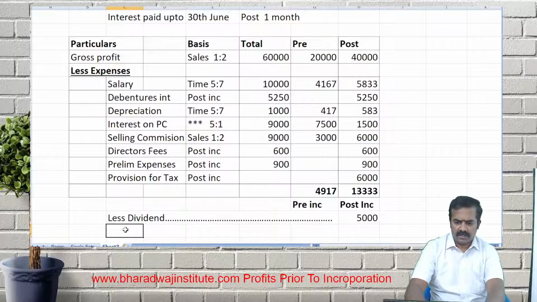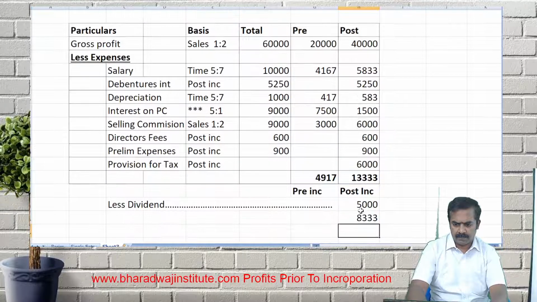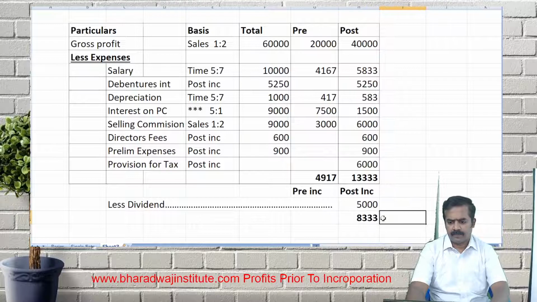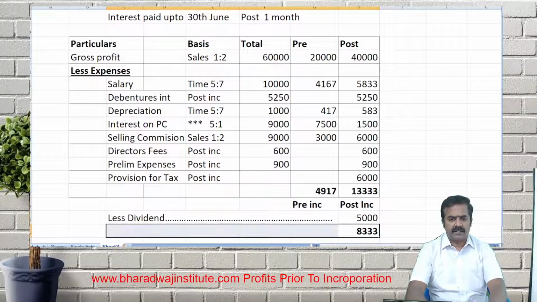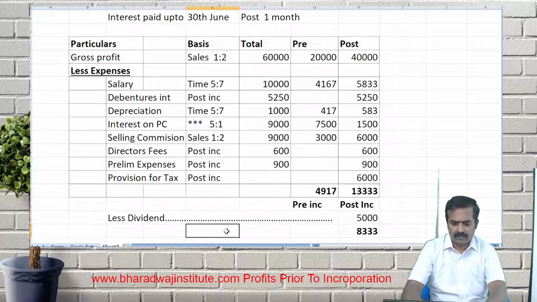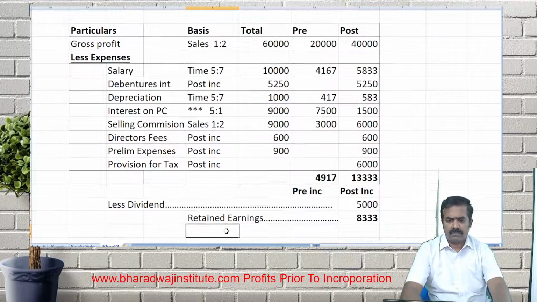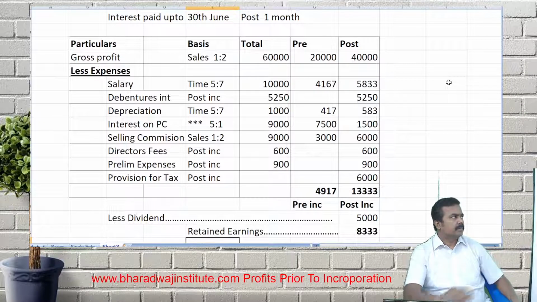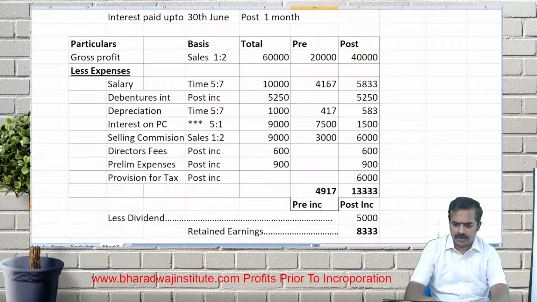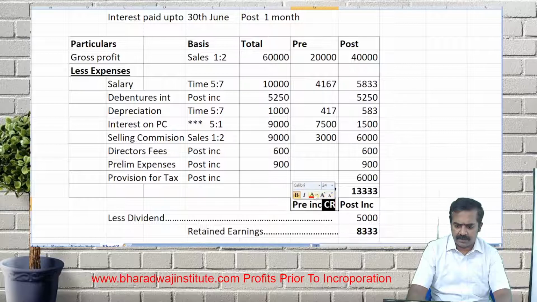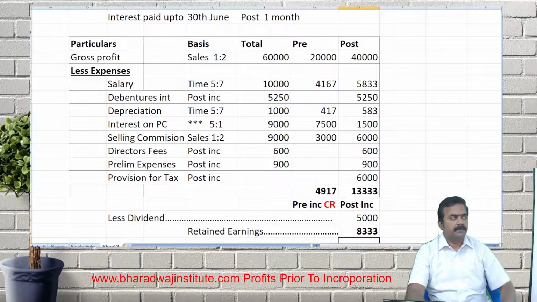It will give us net profit after appropriations, or we can call it retained earnings. Pre-incorporation profit will be transferred to capital reserve. Post-incorporation retained earnings, 8,333.